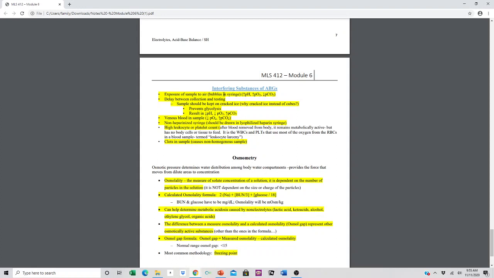So, exposure of the sample to air. If room air gets into that syringe, remember gases will travel from where there is more of a gas to where there is less of a gas. That's back in that high school physical science gas law part. That is why if I have a helium balloon and I untie it and open it up, the helium is immediately going to come out into the room.